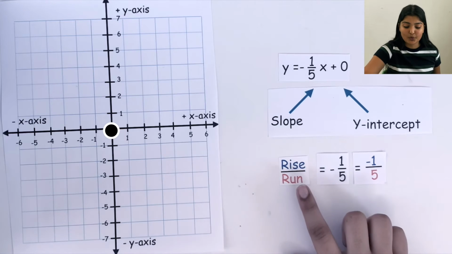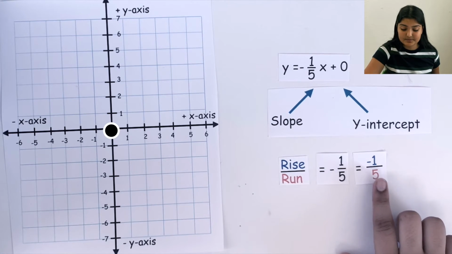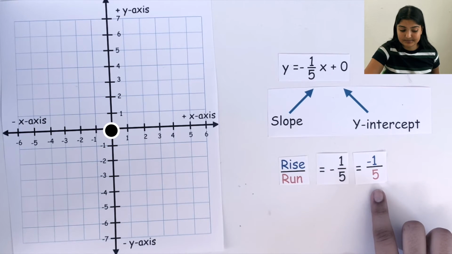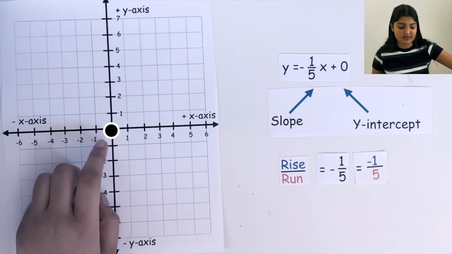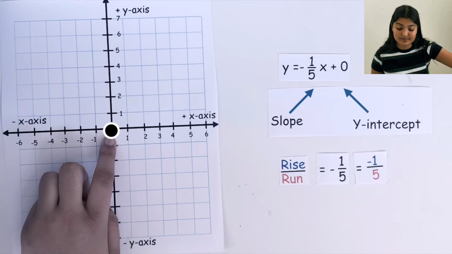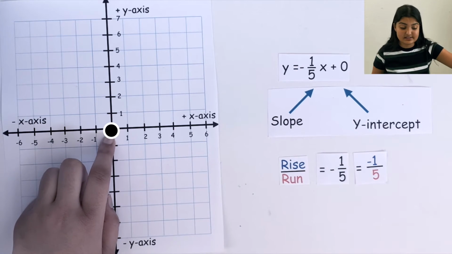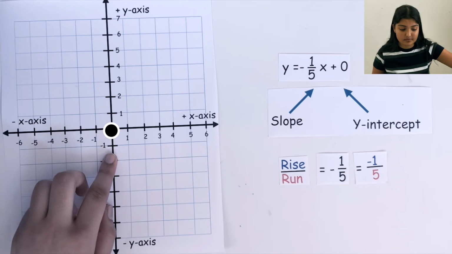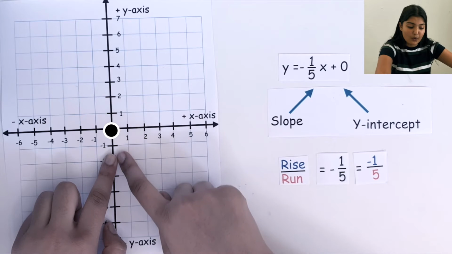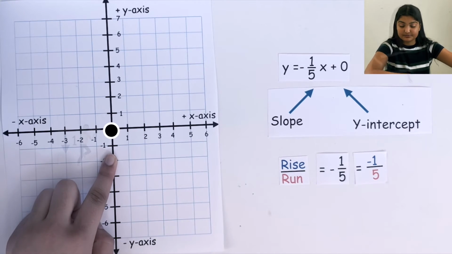So we must rise negative 1 unit and run 5 units. So let's start at the y-intercept and rise negative 1 unit, which means that we are simply moving 1 unit down in the negative direction.